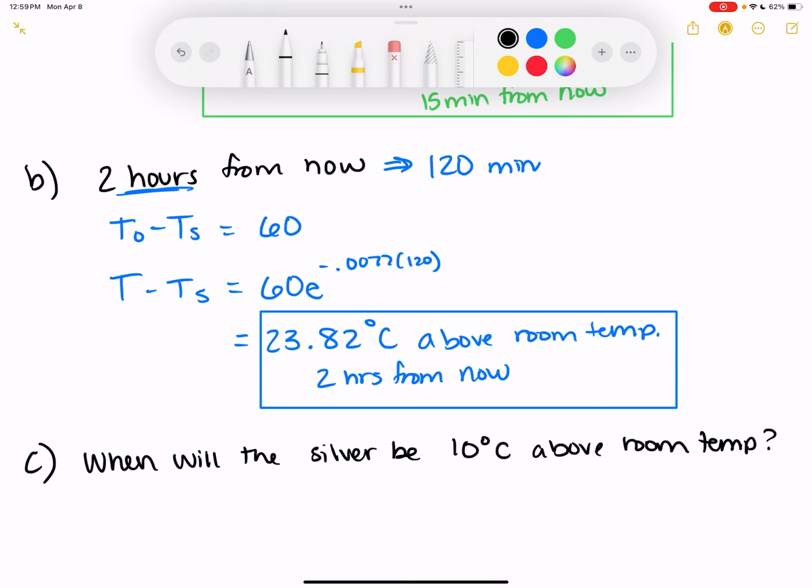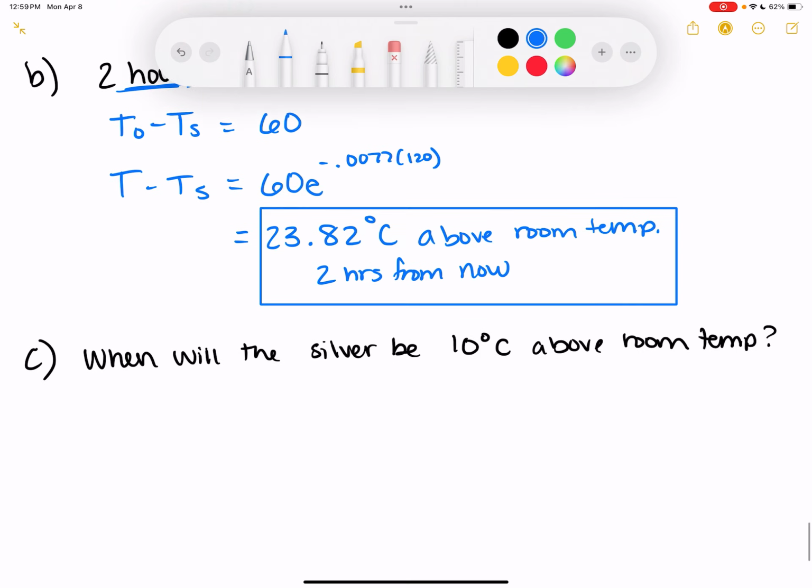So our T0 minus TS is going to stay 60. But now our T minus TS is going to be 10 degrees, and I'm solving for time.